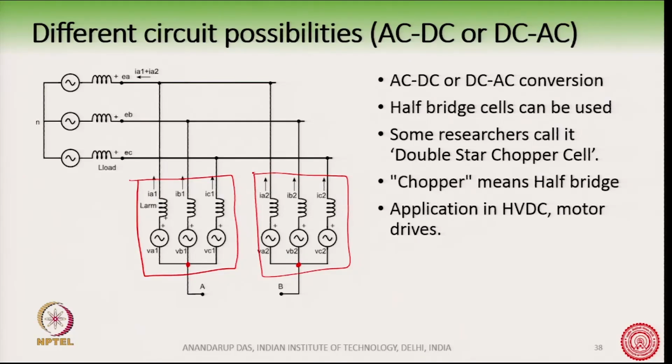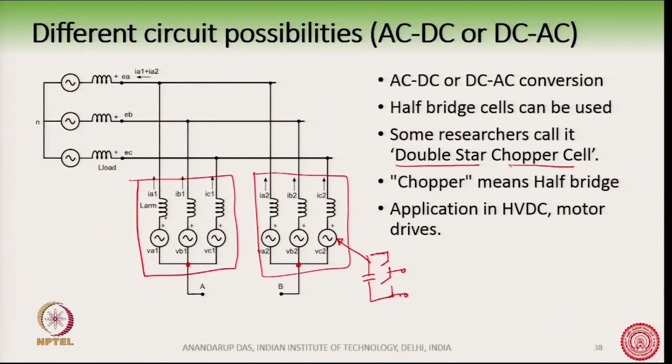So, these 2 star connected voltage sources are working together, and that is why the word double star is used. There are 2 star connected voltage sources working together, and they are made up of chopper cells, meaning inside it is made up of half bridges like this. Okay. So, that is what is meant.